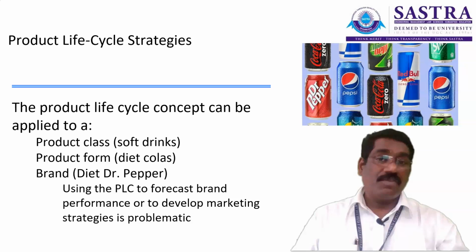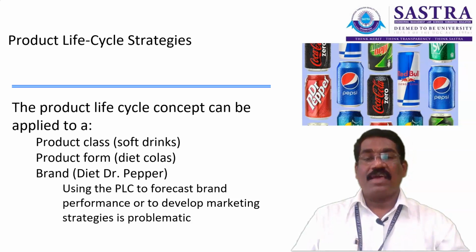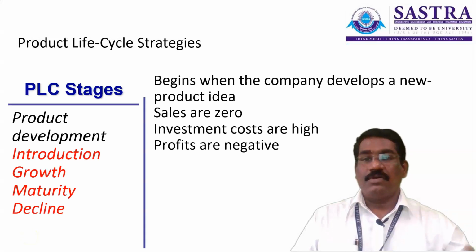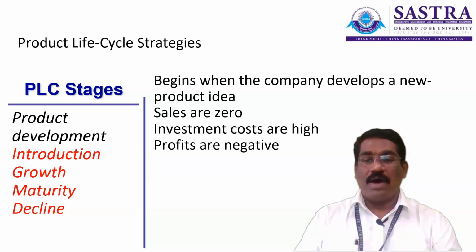But many marketers try to employ the product life cycle to understand where the product lies, and what marketing strategies are required for a product as it passes through different stages. Okay. Next, let us discuss the product life cycle stages one by one.